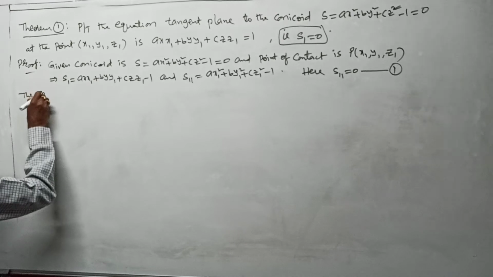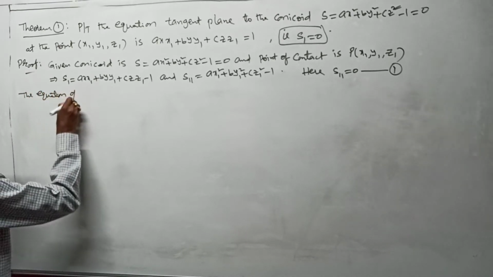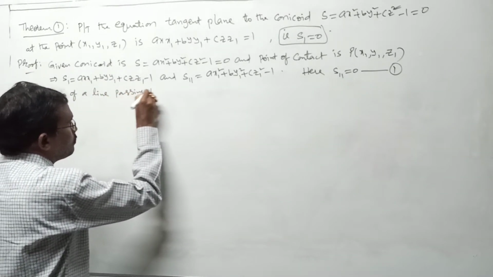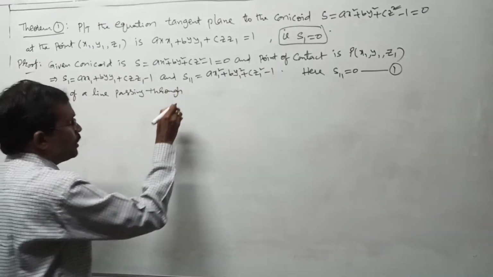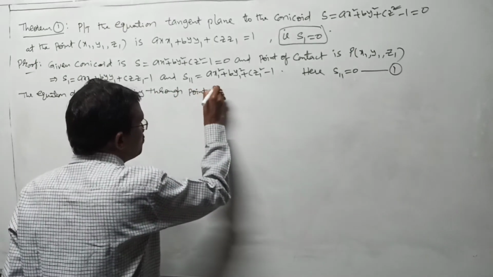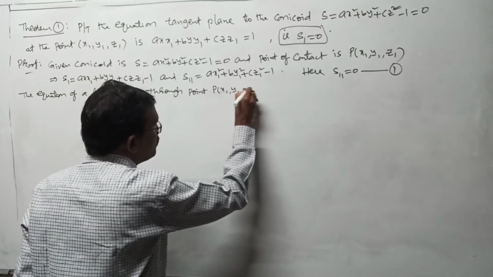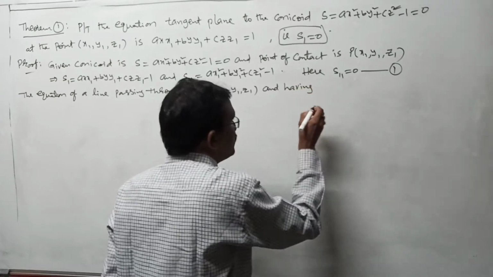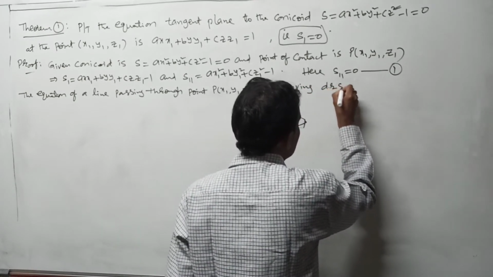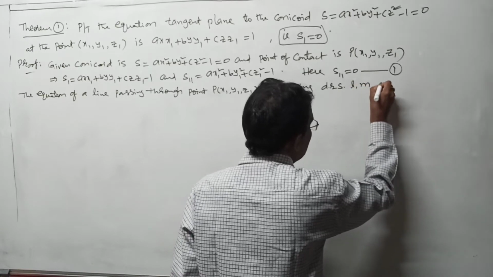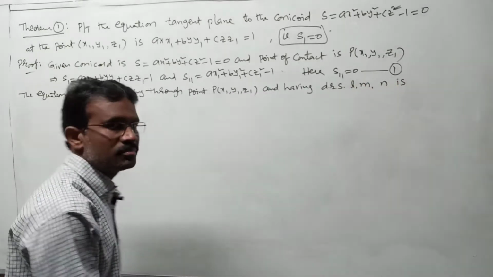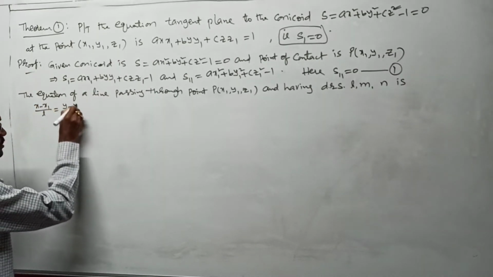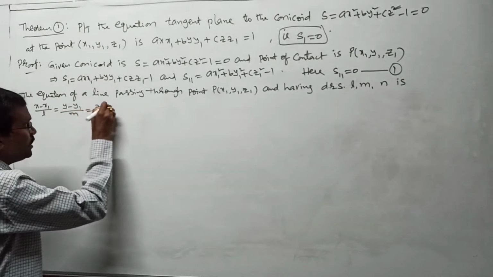The equation of a line passing through point P (x1, y1, z1) and having direction ratios l, m, n is: x minus x1 by l is equal to y minus y1 by m is equal to z minus z1 by n.